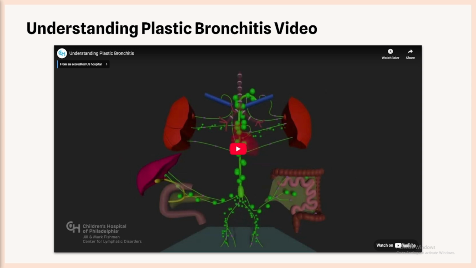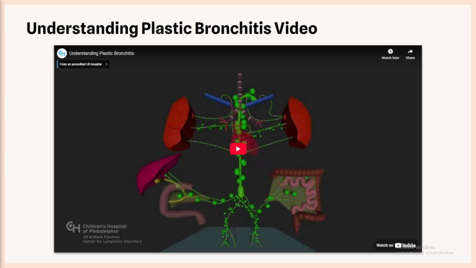That increase in pressure actually causes the lymphatic fluid to leak across the membranes and into the airways, resulting in fluid in the airways where it is not supposed to be. Unlike pulmonary edema seen with CHF, lymph solidifies when it is exposed to air, which is why we see those rubbery or caulk-like casts forming.